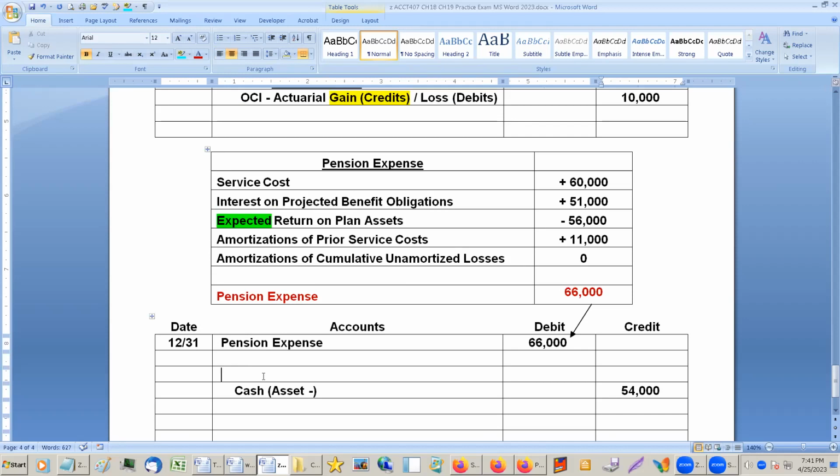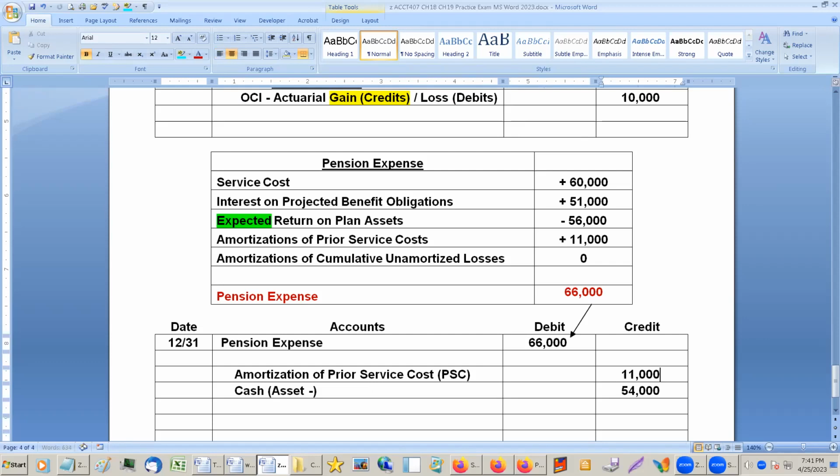Amortization of prior service costs. And you feel free to just put that in as prior service costs. And that's 11,000.